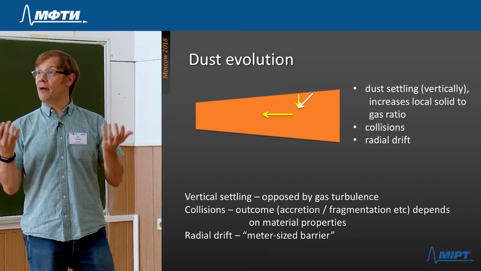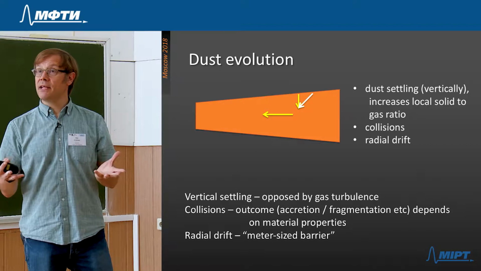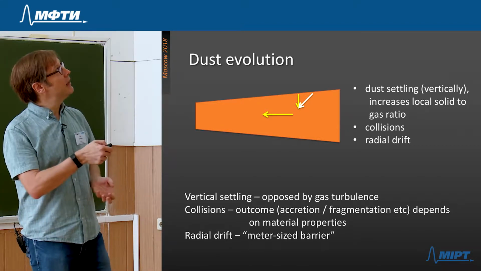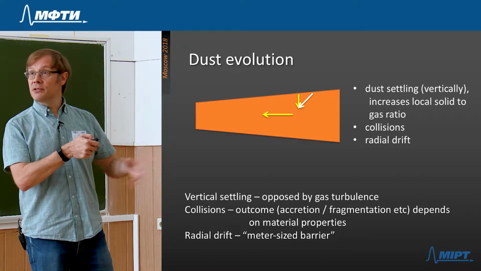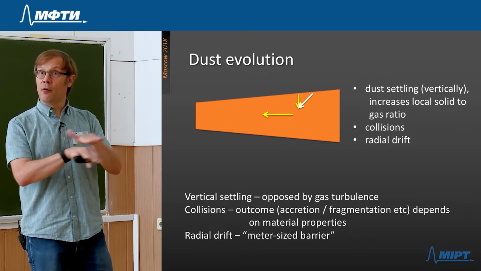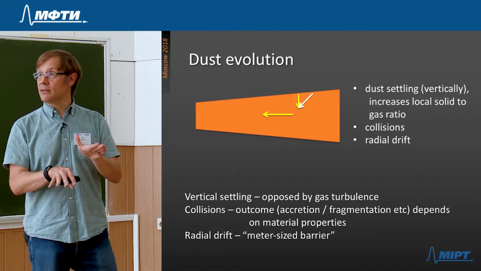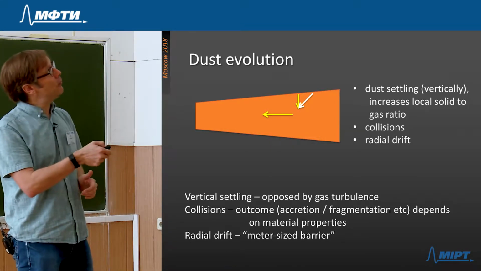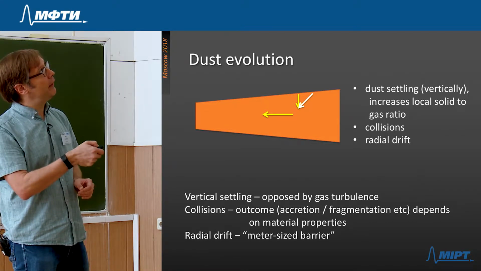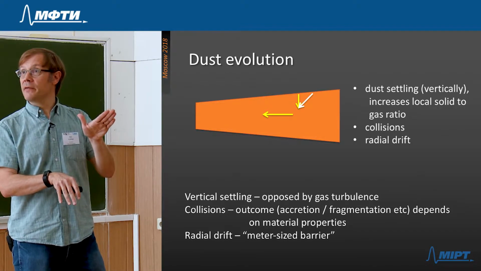Now, if a solid particle is sitting up there, it still has the vertical component of stellar gravity, but it won't feel the pressure gradient. So if nothing else happens, we would expect dust or small particles to settle vertically towards the midplane and form a thinner dust disk embedded within the larger gas disk. That will be dust settling, and locally it means the solid to gas ratio will be enhanced in the midplane and depleted as we go to the disk atmosphere.